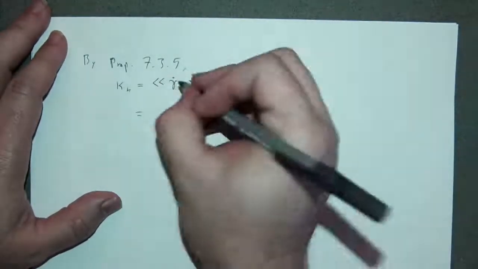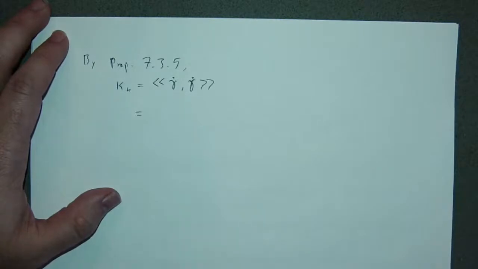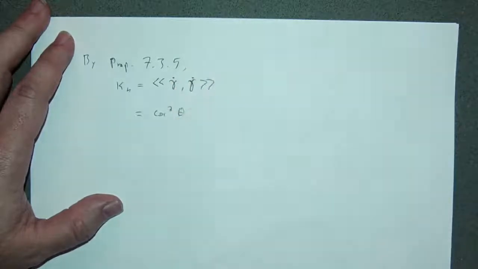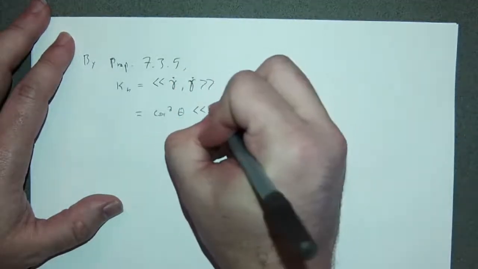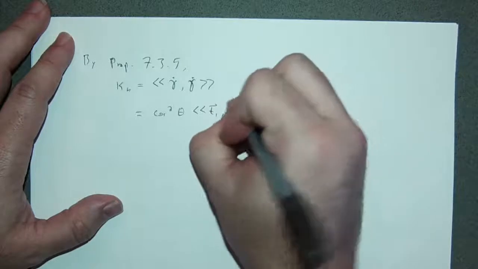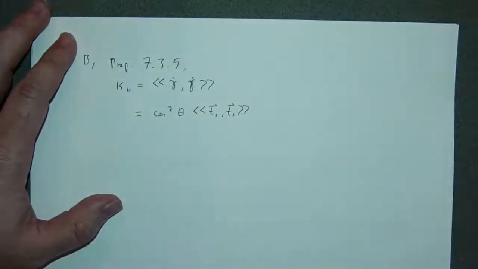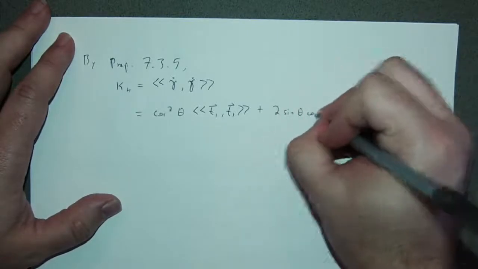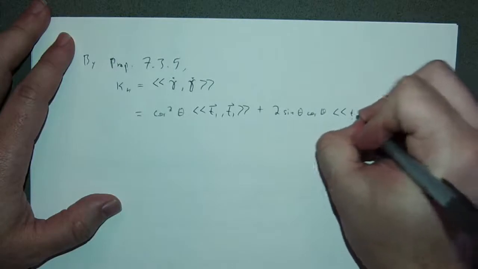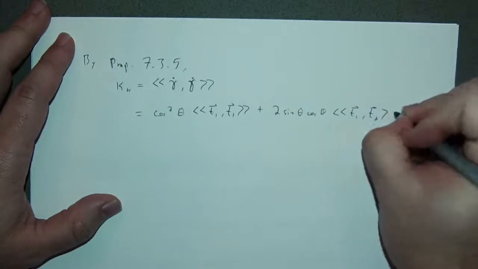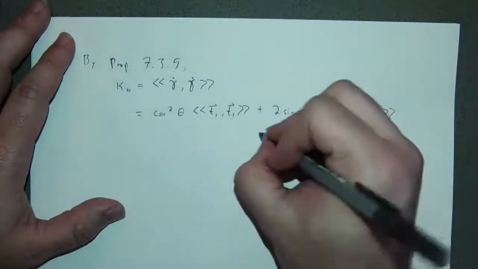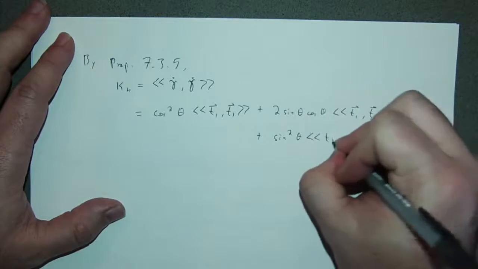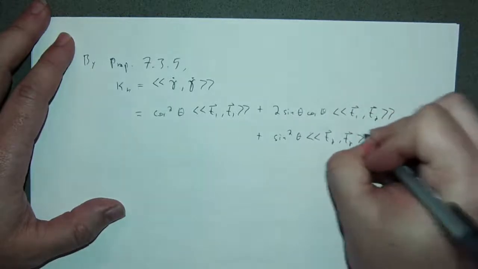But then what is this, given the form gamma dot we just said? This is cosine squared theta times t sub 1 paired with itself in the second fundamental form, plus 2 sine theta cosine theta, t sub 1 paired with t sub 2, plus sine squared theta of t sub 2 paired with itself.